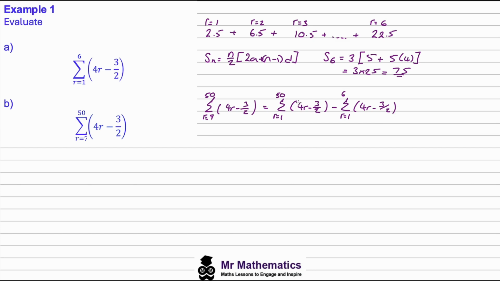So we work out the sum for the 50 terms, we take away the first 6, and what we're left with is the sum between the 7th to the 50th. And we've already worked this one out as 75.